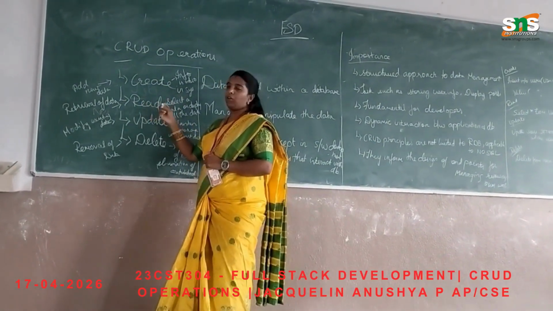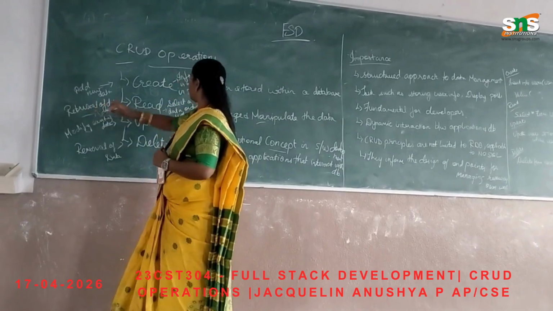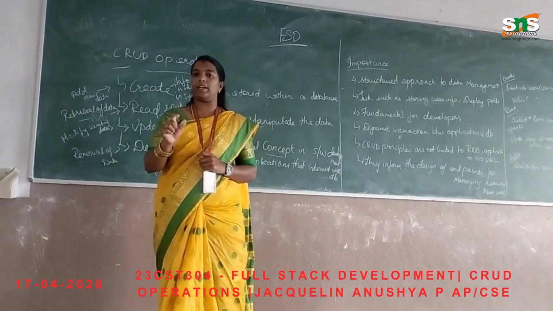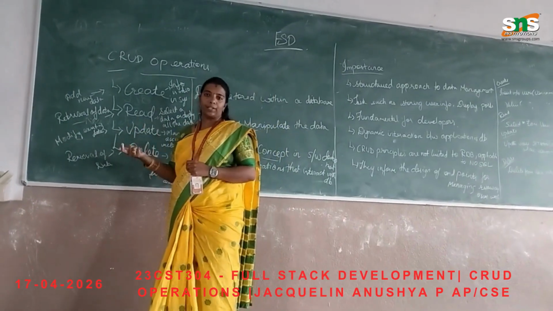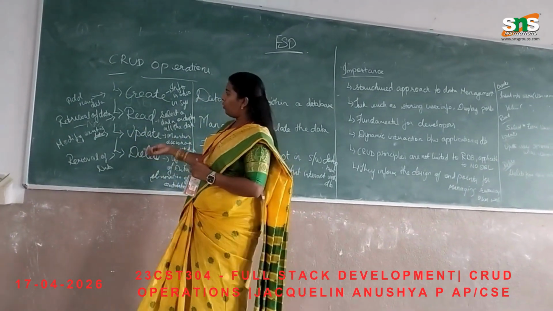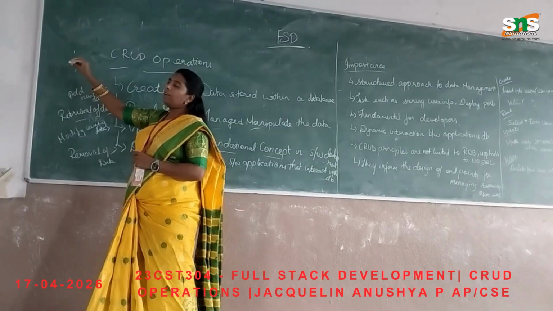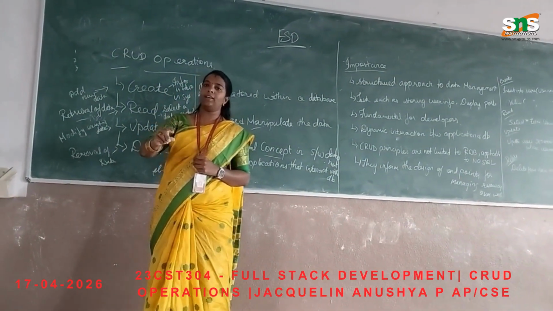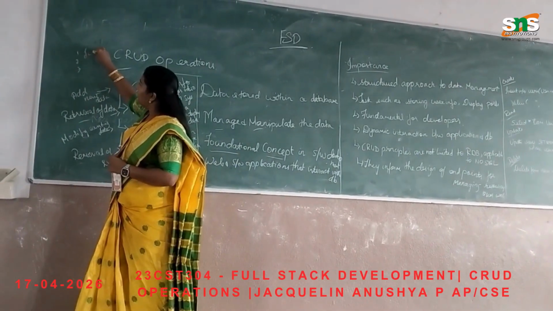Next is the read operation, which is the retrieval of data. It is used to select particular data, or to display all the data. I will not be the only faculty joining for work; there will be many other faculties joining. If I need particularly my name, I give a select on the specific field and display that.